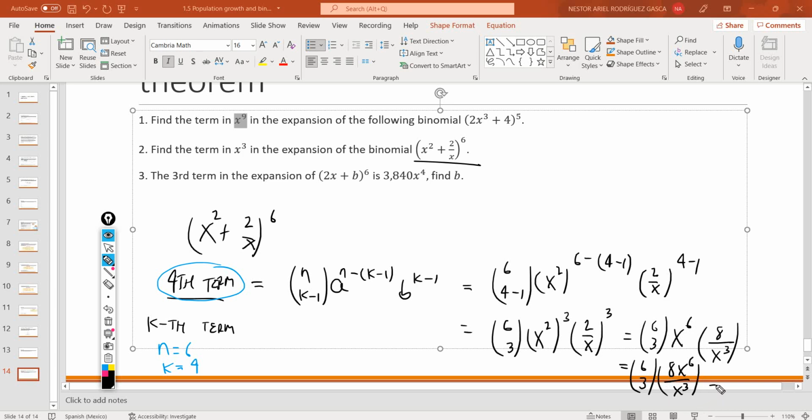And finally, we can simplify this x to the 6 over x to the 3 as the following. Okay, x to the 6 over x to the 3 will be eventually x to the 3. And so as you can see, after you find this number, 6 choose 3, and then the multiplication times 8, and then the multiplication of x to the cube, basically, you will have a term in x to the cube. That's how this is called, guys. The term in x to the cube.